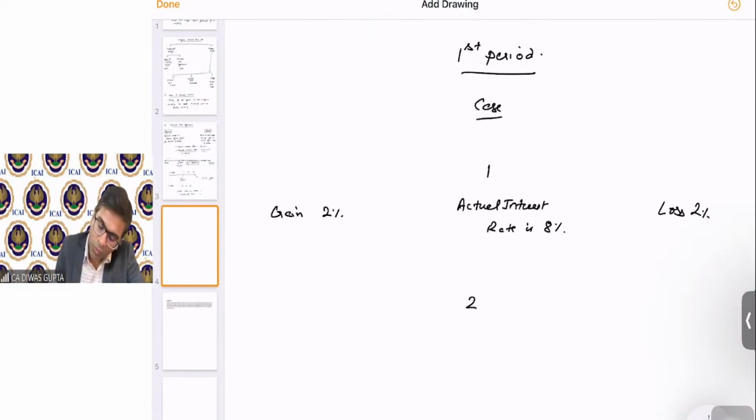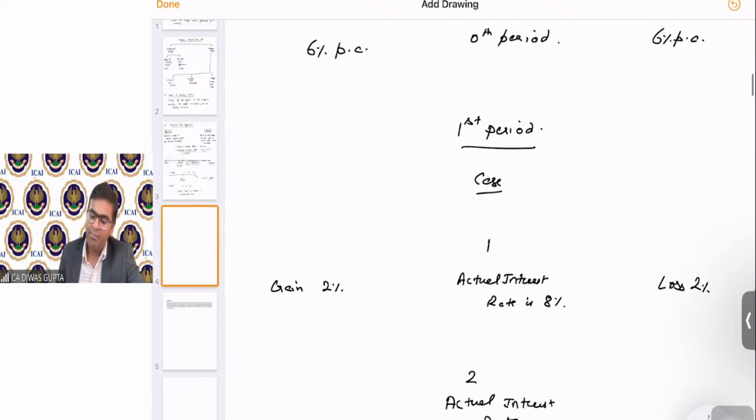Now, case number two, actual interest rate is, let's say, 5.5%. Now, if you see Bank A, how will Bank A think? Bank A is saying that I had a commitment to borrow at 6%. However, the actual market interest rate on the first period when we are executing this comes out to 5.5%.